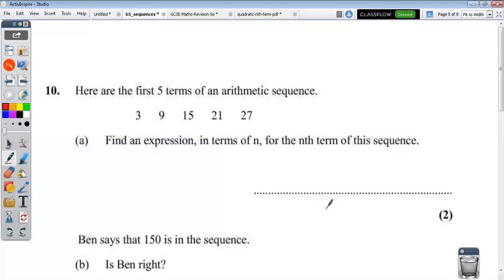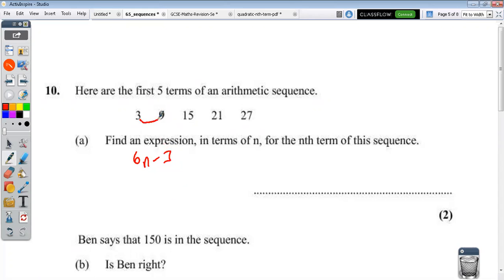Done? Yes, sir. What's your answer? 6n minus 3. Maybe. I don't know the answer. We have to work it together. 6n minus 3.